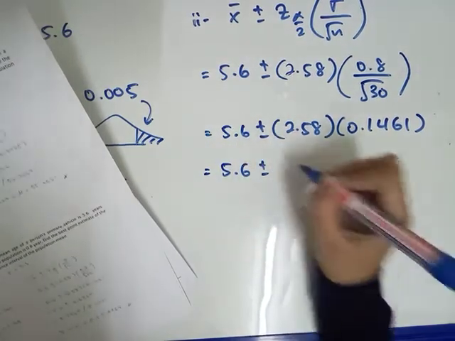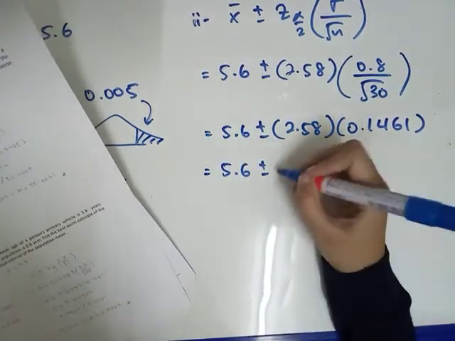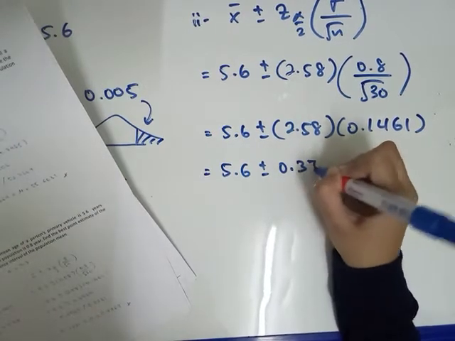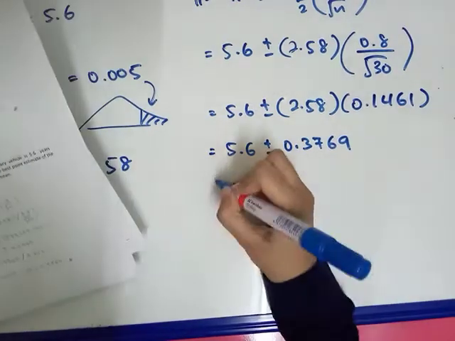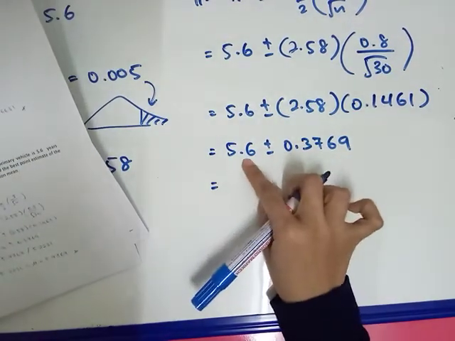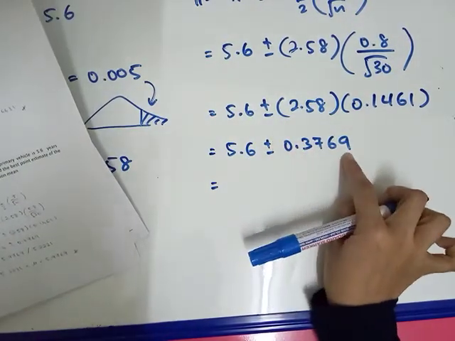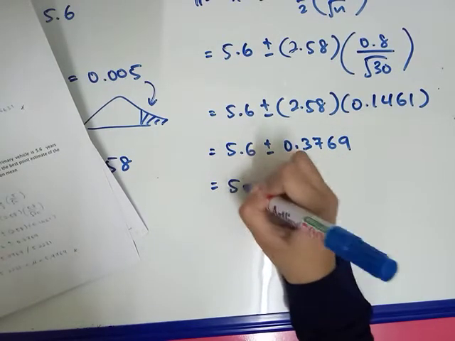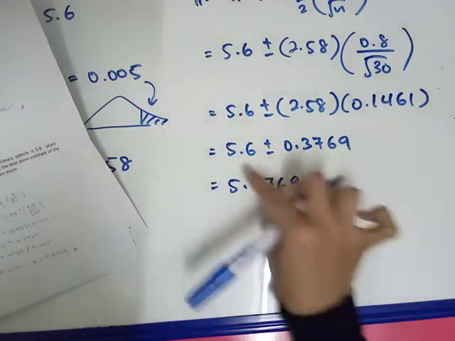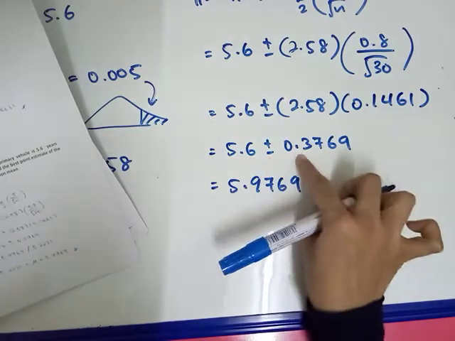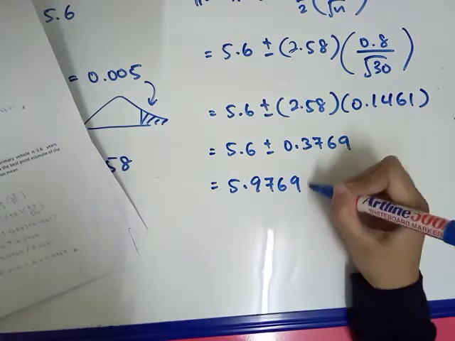How do you get it? Calculate now, you will get 0.3769. Try calculating, do you get the same answer? And then 5.6 plus 0.3769, you will get 5.9769. And then the other one, 5.6 minus 0.3769, you will get 5.2231.